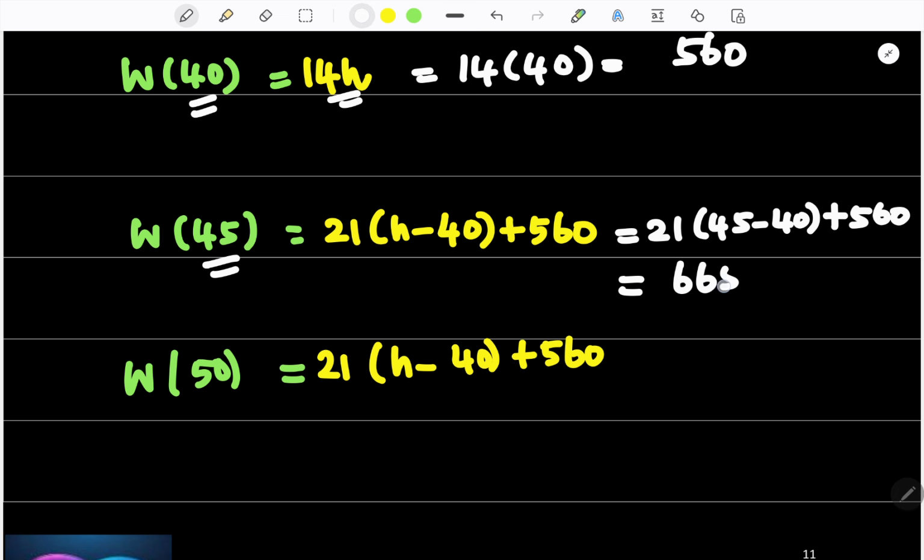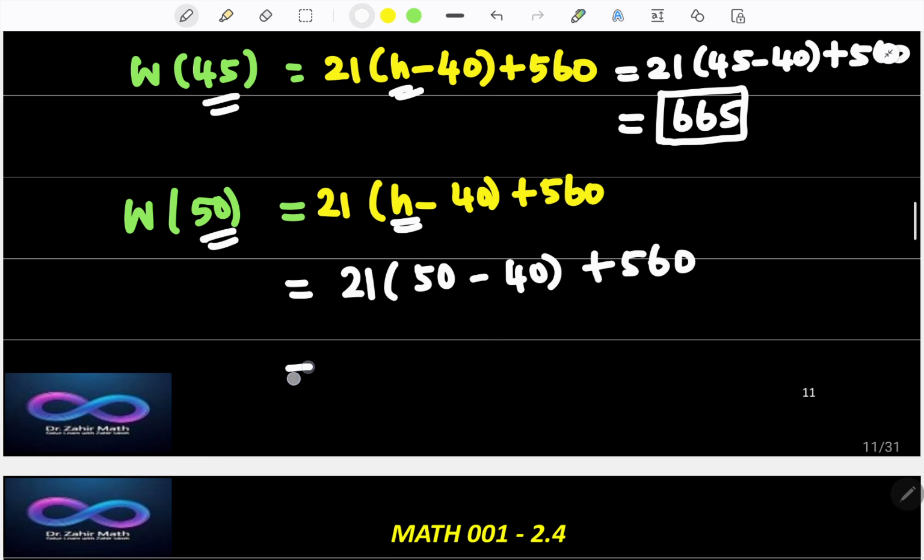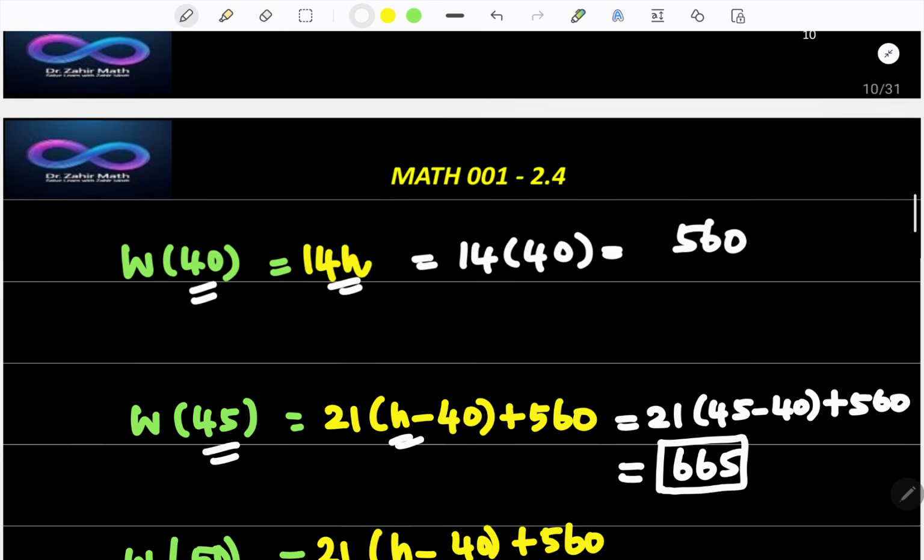And here it is 21 times 50 minus 40 plus 560. You are going to put H equal to 50. 50 minus 40 is 10. 10 multiplied by 21 is 210 plus 560, which is equal to 770. So easy exercise.